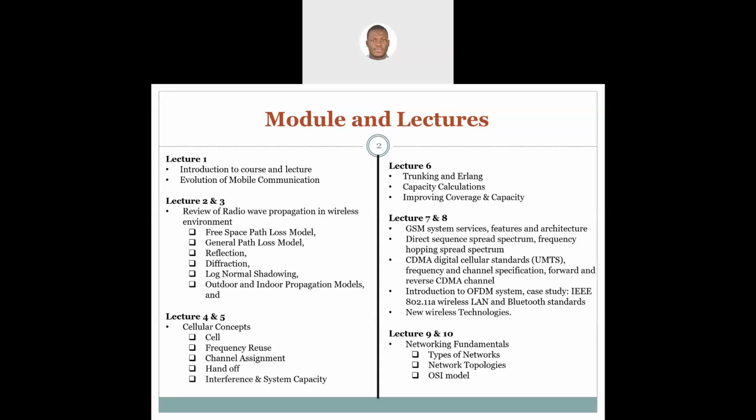And then with lecture 4 and 5, we'll be looking at cellular concepts. We'll be looking at how the cell looks, how it's represented in most cases with a hexagon. We'll look at frequency reuse and why we have to do frequency reuse, basically because of scarcity in spectrum. When the telecom companies buy spectrum from the National Communication Authority, the NCA, they are given a set of frequencies.